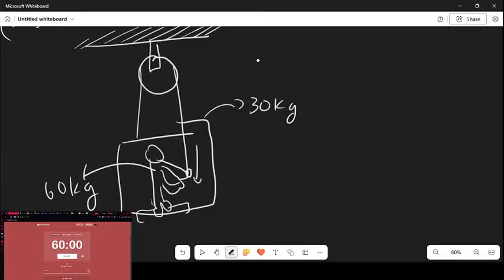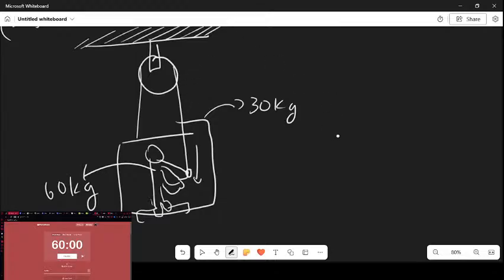Hanging from a pulley fixed to the ceiling through a light rope. If the man manages to keep the box at rest, what is the weight shown by the machine?